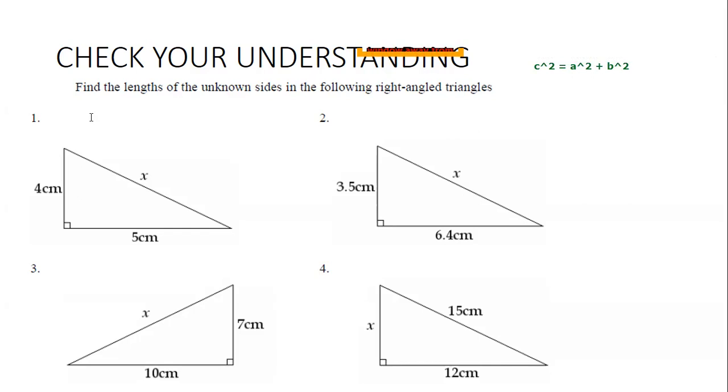So for number one, x squared is equal to 4 squared plus 5 squared. Of course, we're going to put the unit here.